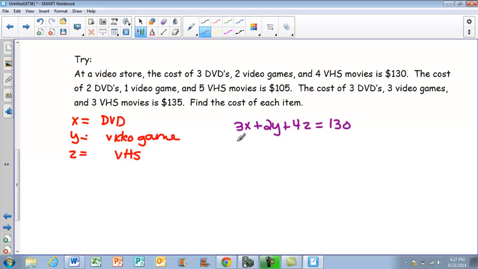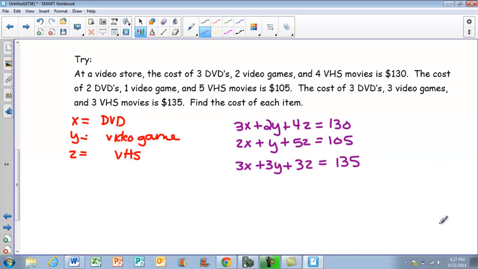The next one I have 2x plus y plus 5z equals 105. And then the third one I have 3x plus 3y plus 3z equals 135.